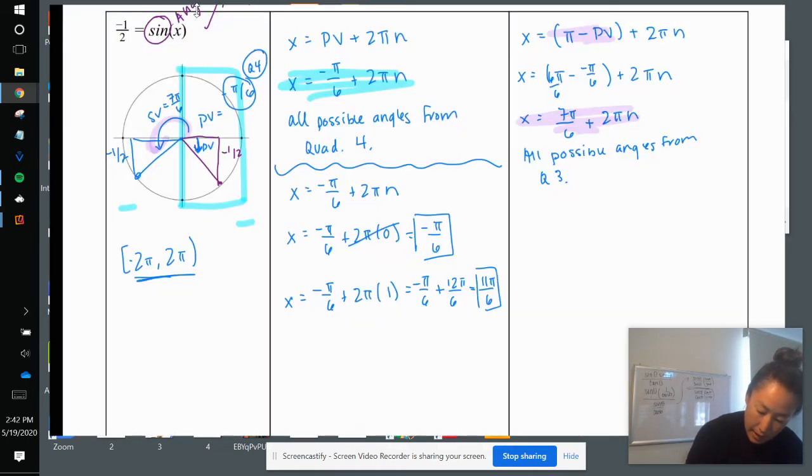Okay, how about if I did it again, but with a 2 times 2? If I add one more full rotation, I get negative pi over 6 plus, instead of 12, 24 over 6 pi, giving us 23 pi over 6.